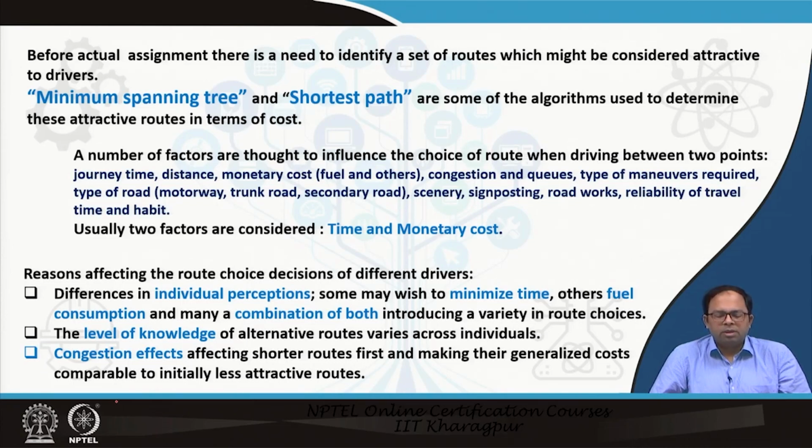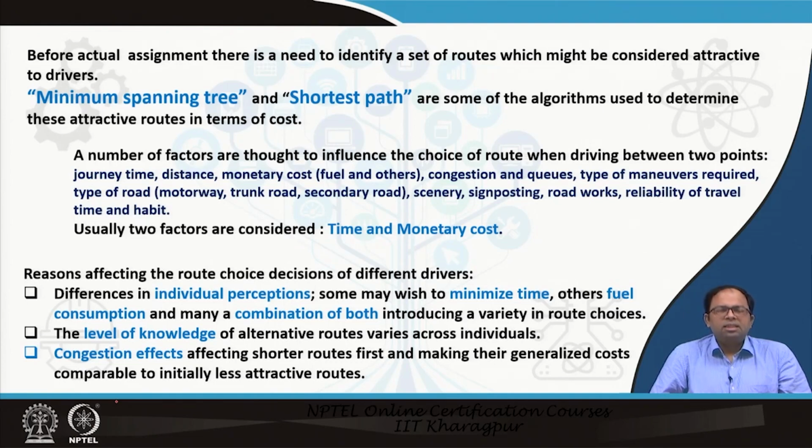Some people are comfortable going in secondary roads, some people are not, they want to go by arterials and main roads only. Then scenery, signposting, road work, reliability of travel time along that particular route, and also based on users' habit. So these are the different things people may consider when they choose a particular route. But usually two factors are most important, as you can understand. One is time and the other is monetary cost of traveling along that particular route.